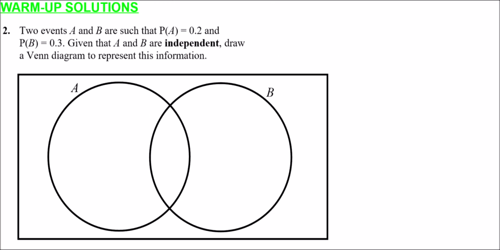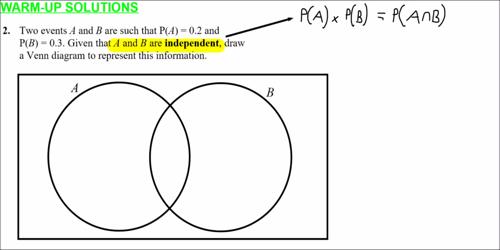And so because these two events are statistically independent, what this means is, therefore, we can say the probability of A multiplied by the probability of B will equal the probability of the intersection of A and B. So that's what it means in a nutshell.